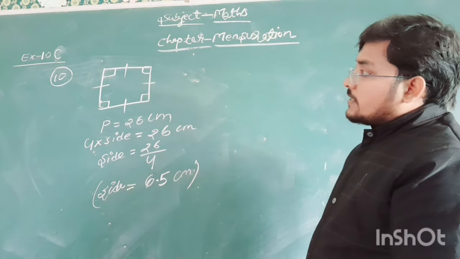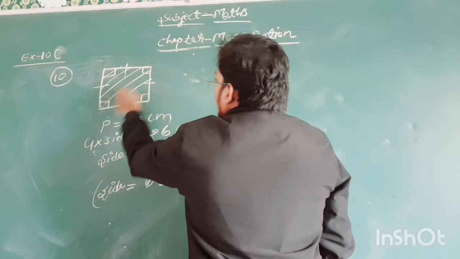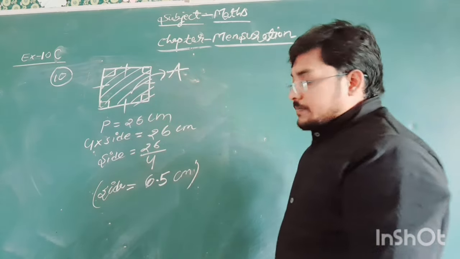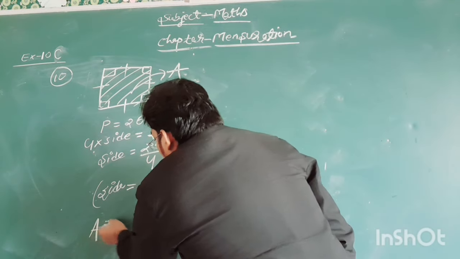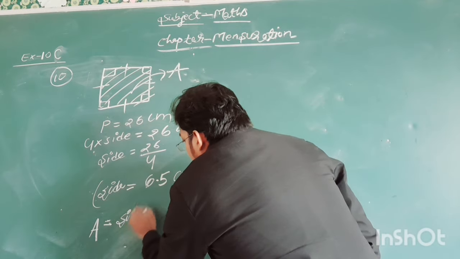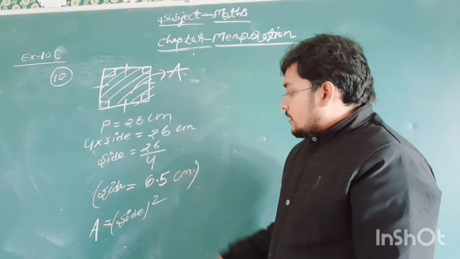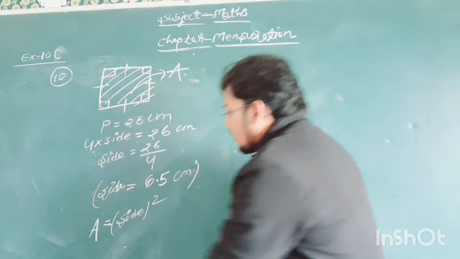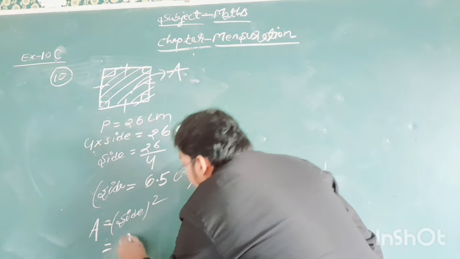Then we have to find the area of the square. Area of the square, we suppose it is A. As we know, area of a square is equal to square of a side, or side into side, and value of side is 6.5 centimeter.